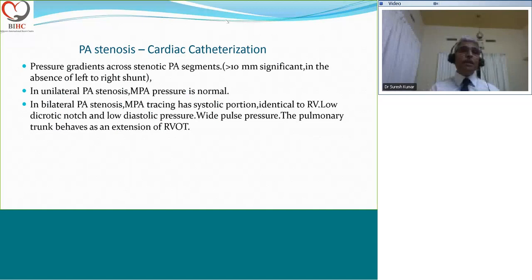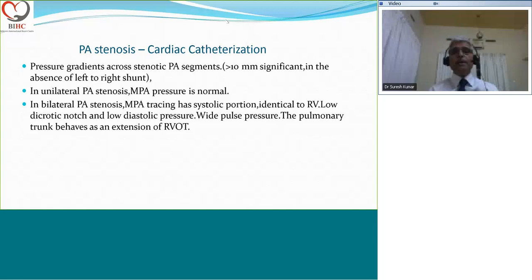But once you have bilateral pulmonary artery stenosis, MPA pressure rises, and the MPA pressure has certain characteristic features. One, it looks like the RV trace. It has a high systolic pressure and a low diastolic pressure.